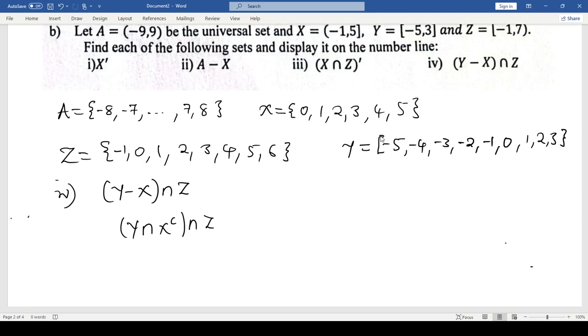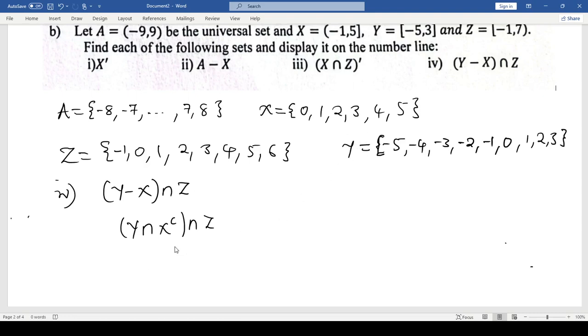Okay. So now y intersection x complement here is everything that doesn't belong to x, then the intersection with y there.